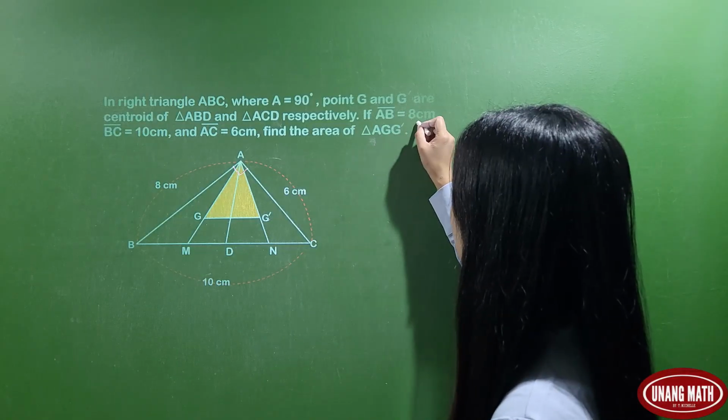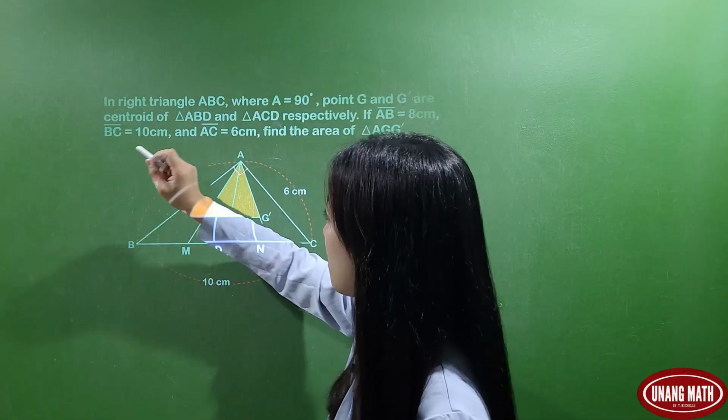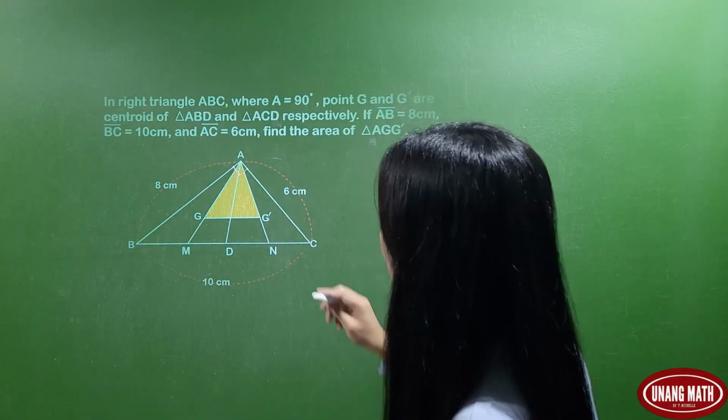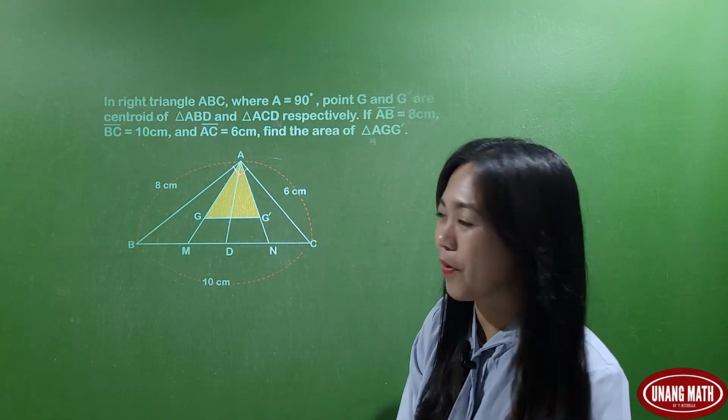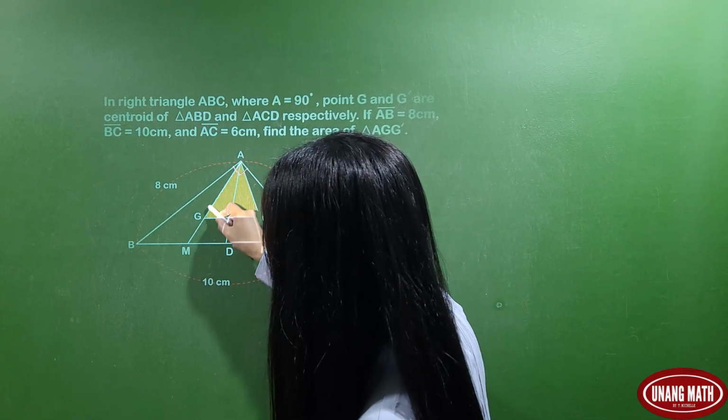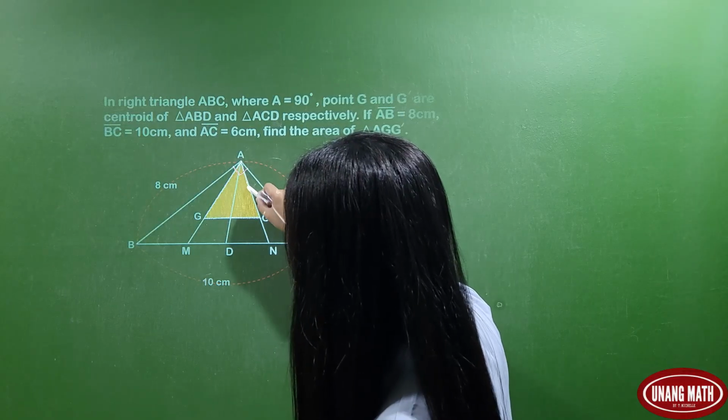If segment AB is 8 centimeters, BC is 10 centimeters, and segment AC is 6 centimeters, find the area of triangle AGG prime.